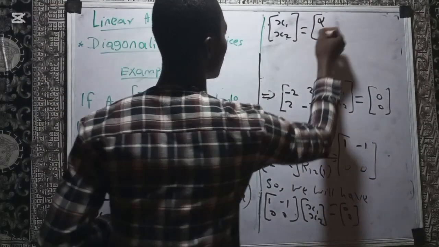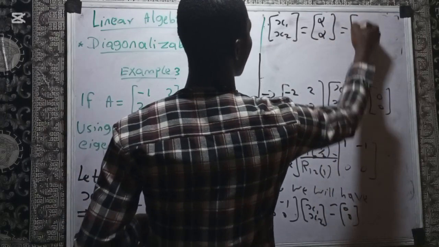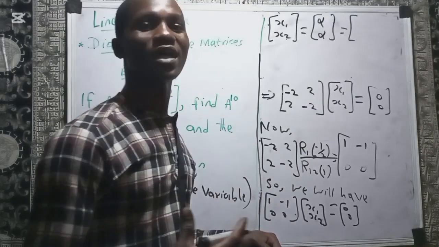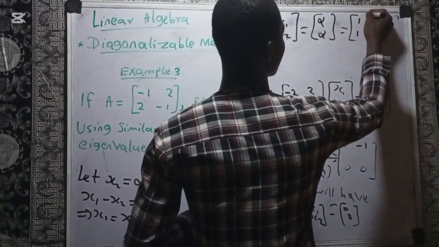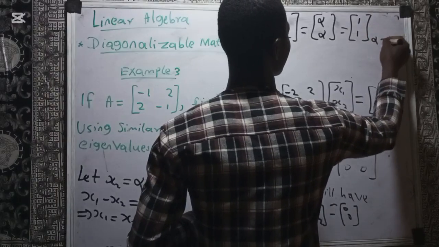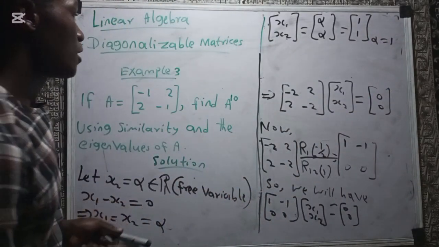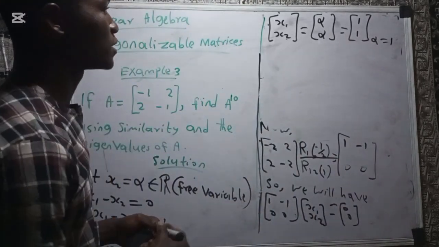Alpha. What's our x2? Alpha. We can choose any alpha, because alpha is an element of the real numbers. The simplest choice is to let alpha be 1. So at alpha equals 1, for simplicity's sake, we have gotten the eigenvector corresponding to lambda 1.